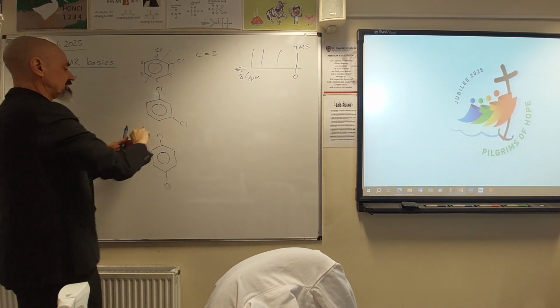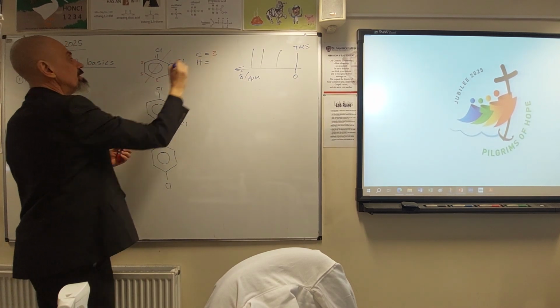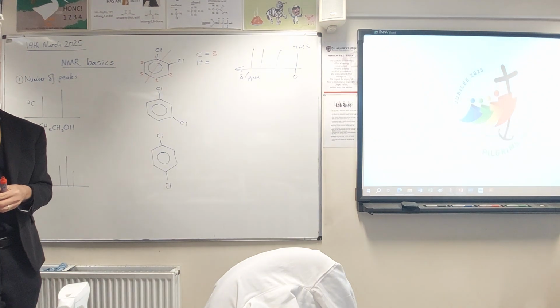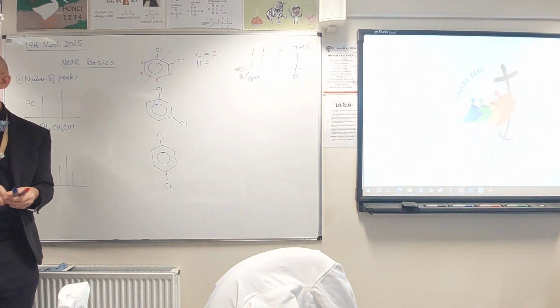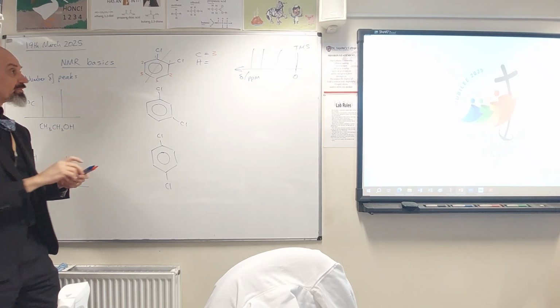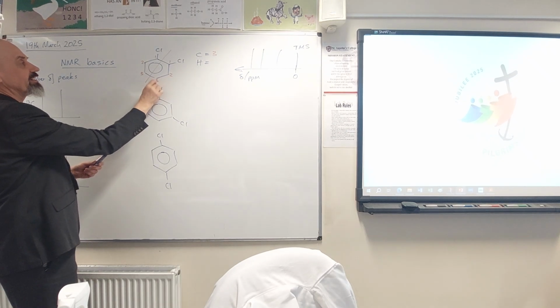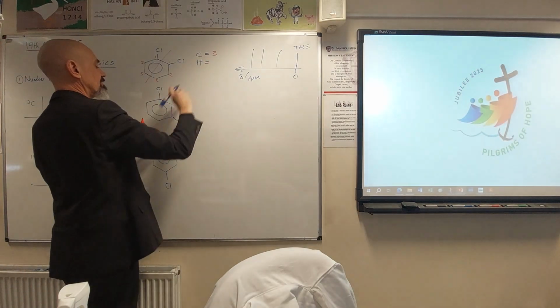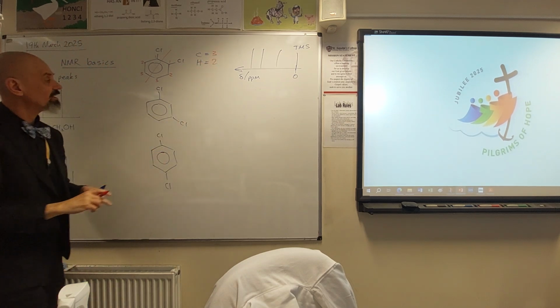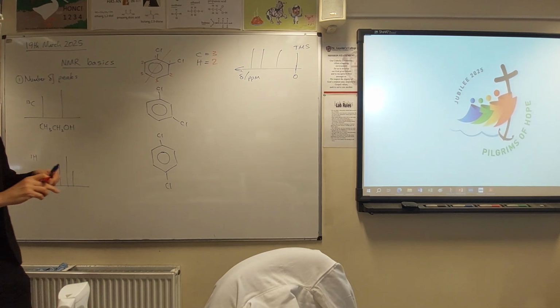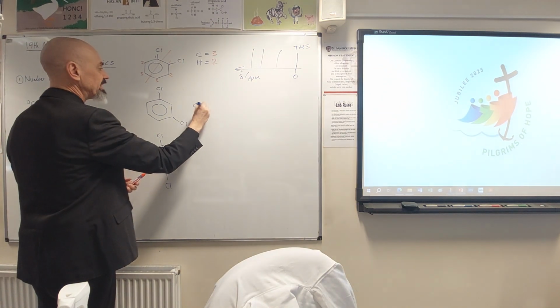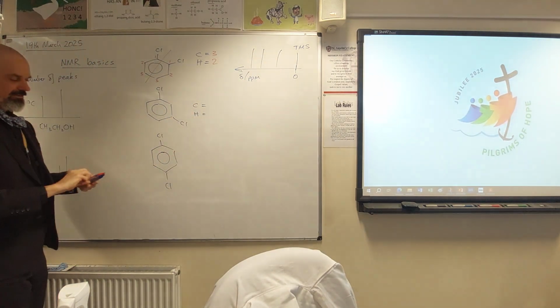And hydrogen peaks? Try and do it without looking it up. 2, because I've got a hydrogen there and a hydrogen there, and they're identical to those on the other side. For 1,3-dichlorobenzene, how many carbon peaks? 4.